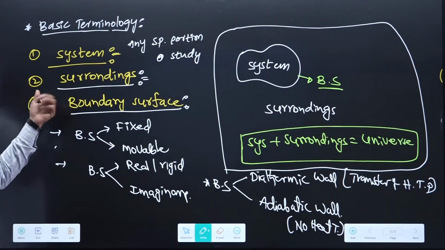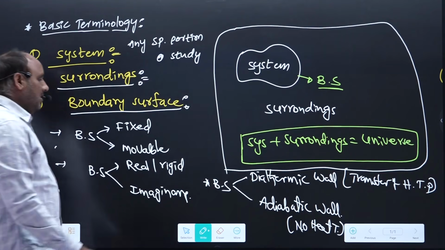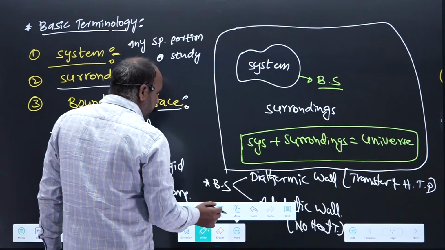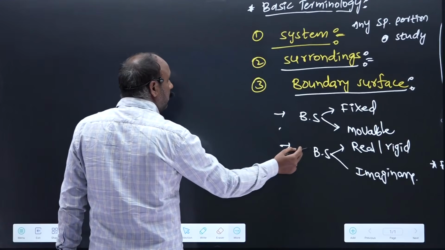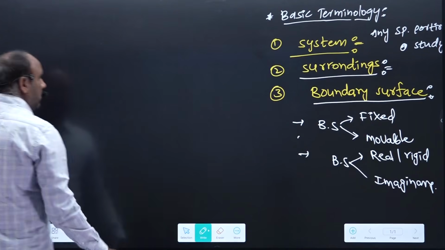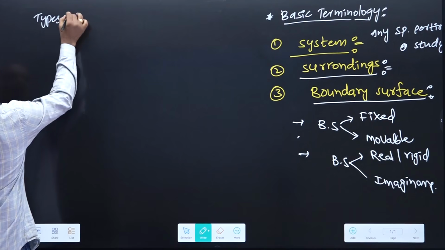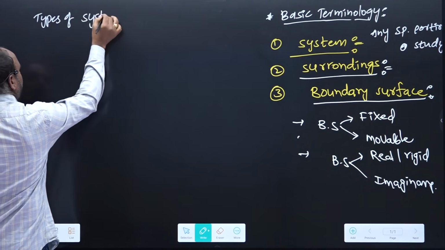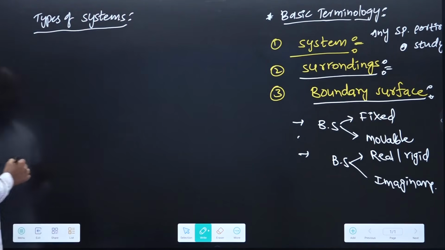As we know, a system means any specified portion which is under our observation. Based on that, how many types of systems are available?